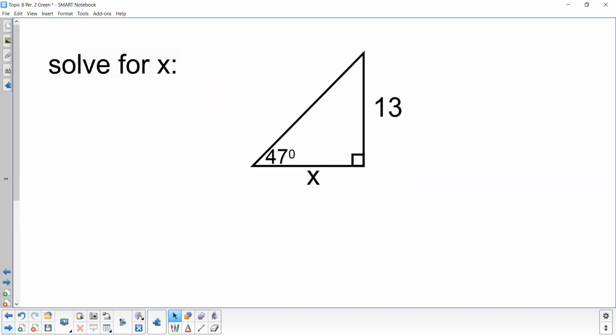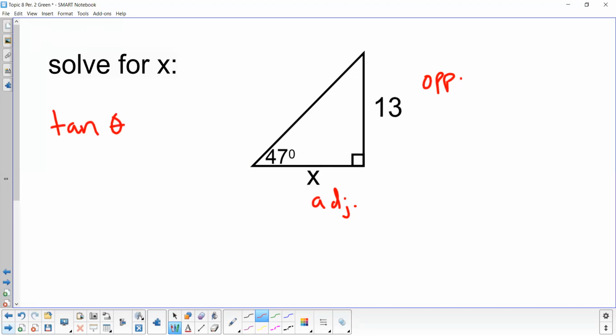All right. Ooh. Different angle. X is in a different spot. So same deal though. Let's label our sides. 13 is going to be the opposite side. X is the adjacent side. Meaning we're still going to use which of our three trig functions? Tangent again, right? Opposite over adjacent.